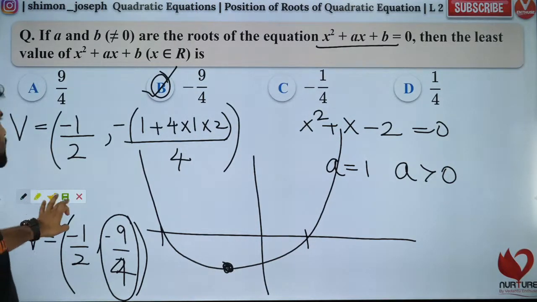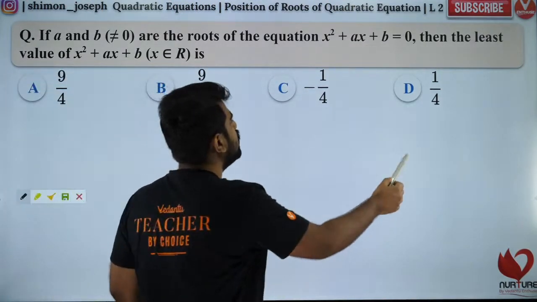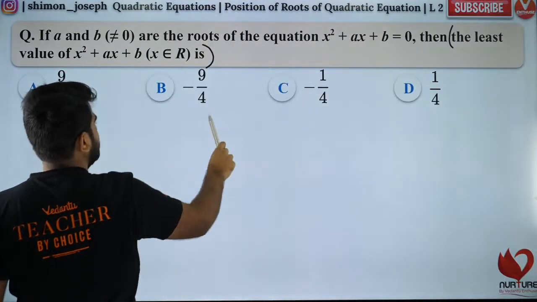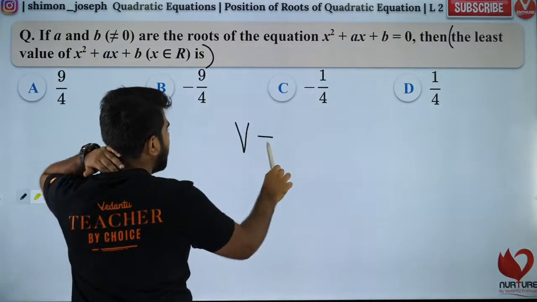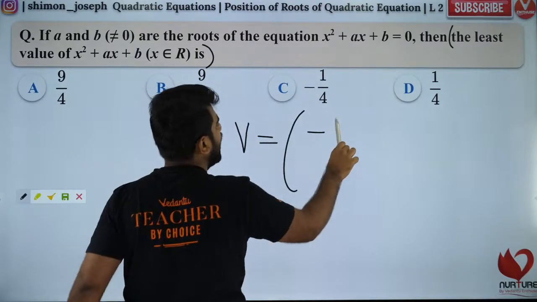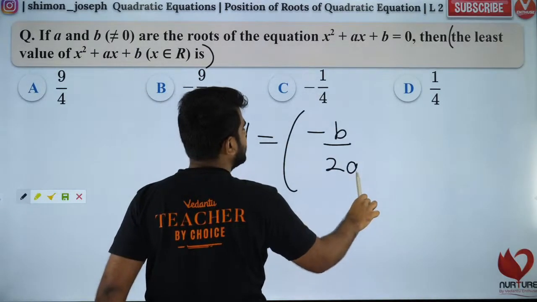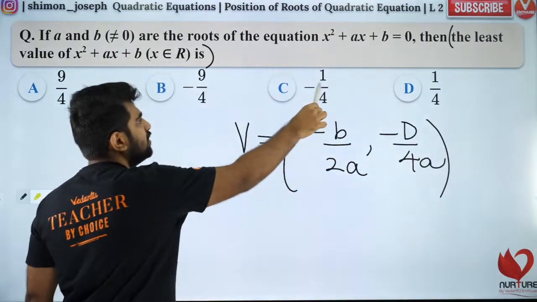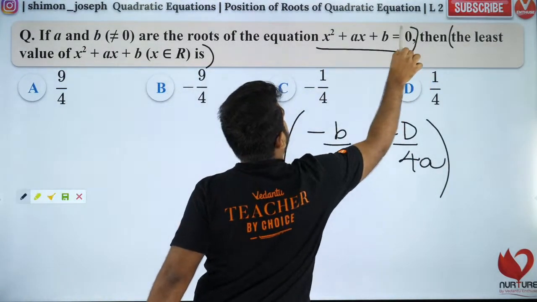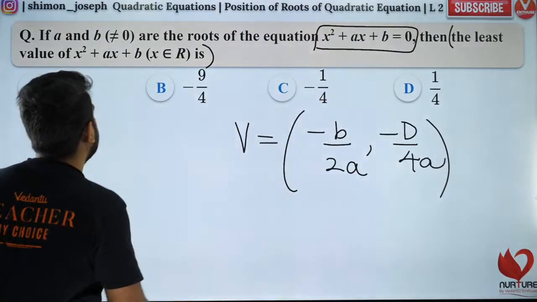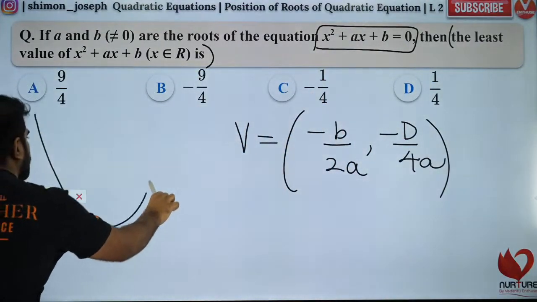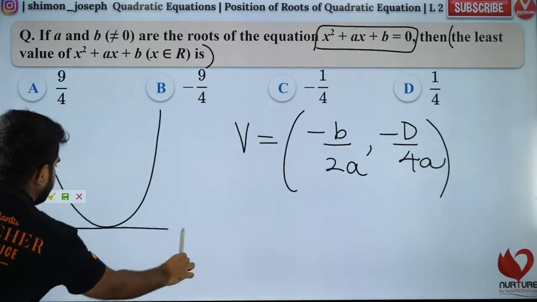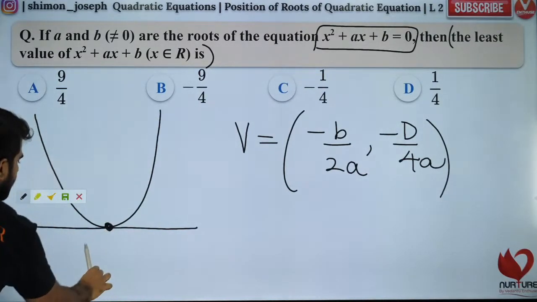Steve, if you want the least value of a quadratic function, then you basically have to find the y coordinate of the vertex. Did you understand that? Because you have a parabola which is upward opening. So the lowest value, Steve, will occur at the vertex only.